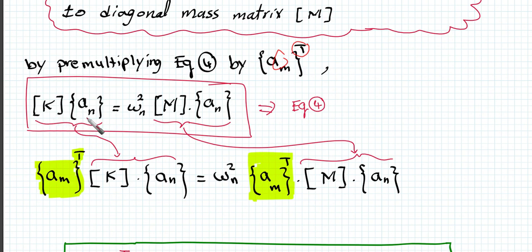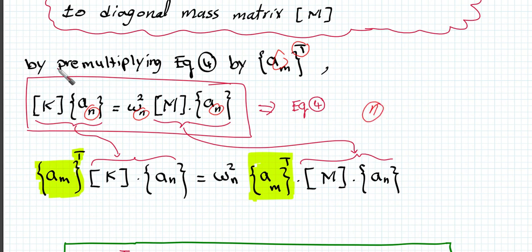Stiffness matrix times AN, the vector, equals omega n squared times M times AN, which is the mode shape vector for mode N. We're talking about the same mode here, one specific mode, which is mode N.